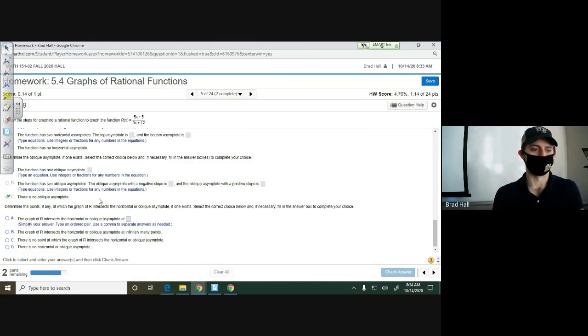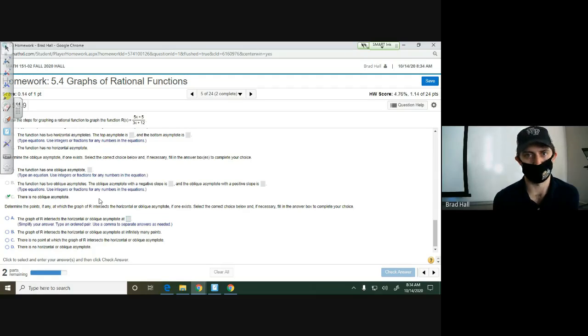And additionally, we figure out which points, because technically you can intersect a horizontal asymptote, which may seem strange considering we describe asymptotes as boundaries that you cannot cross through or touch.